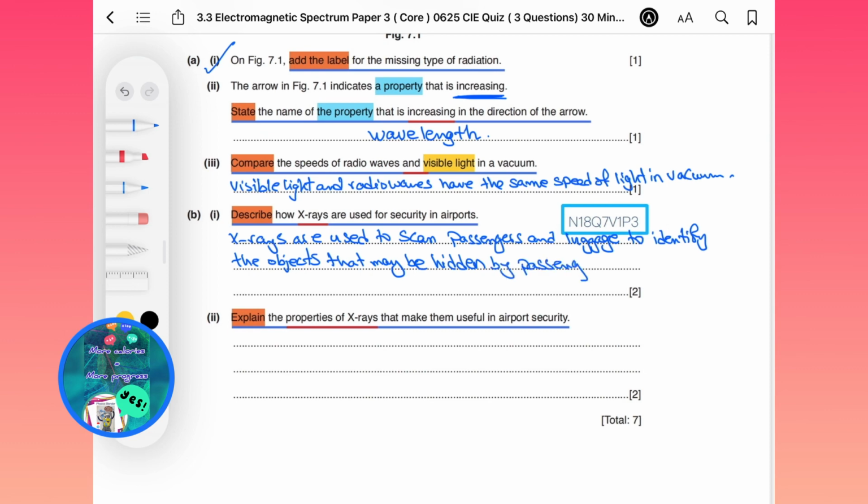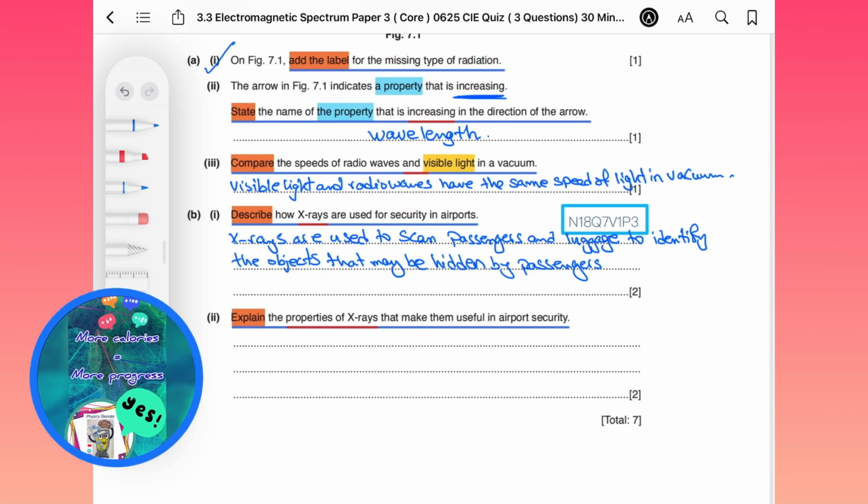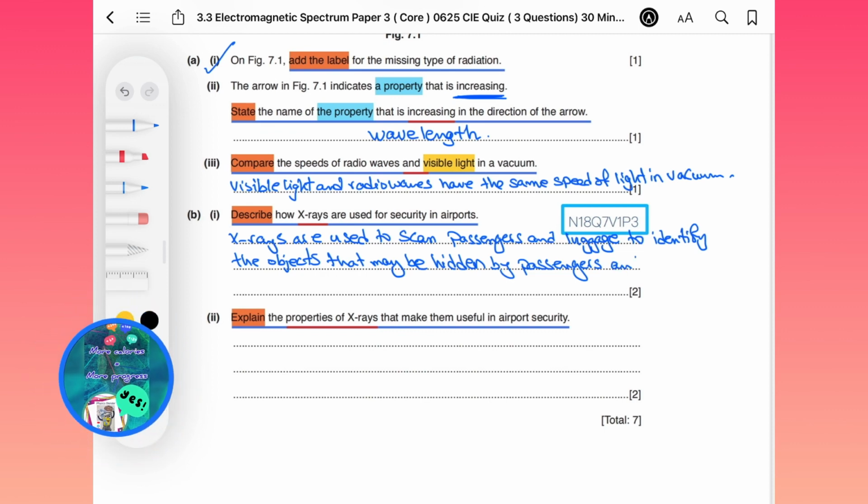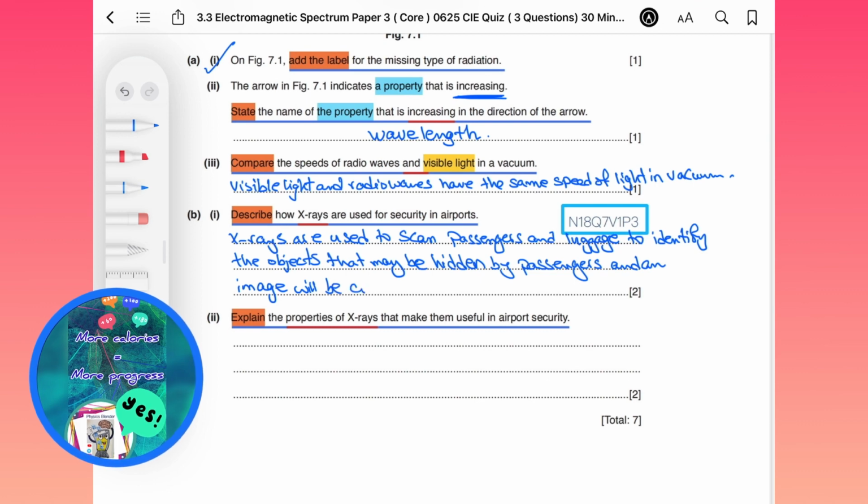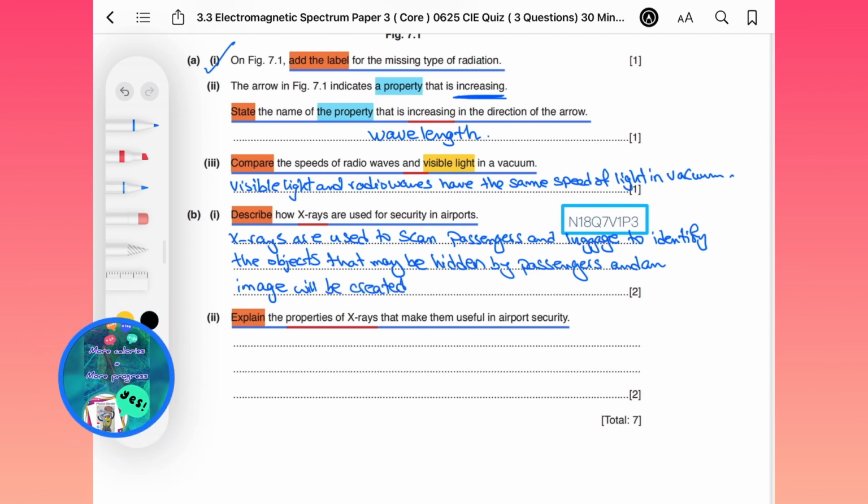How can they know this? An image is obtained. An image will be created on the screen or the monitor.